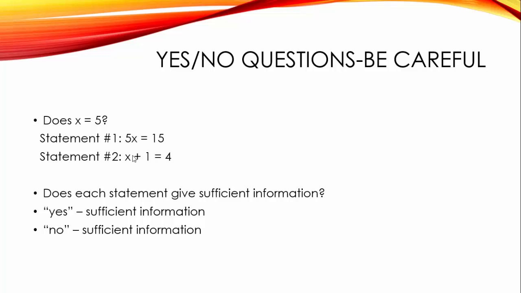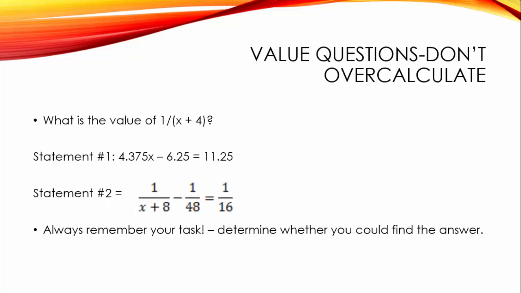For yes no questions, you are looking for a definitive answer, a clear yes or a clear no. Any statement that allows you to determine a clear answer of any sort to the prompt question is sufficient. Consider the statements individually. The strategy holds for both types of prompt questions, yes no questions and value questions.